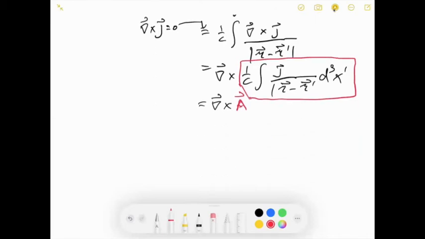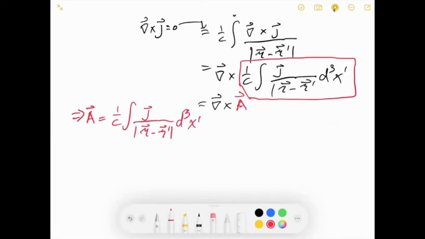So finally, we got A equals 1 over c, the volume integral of J d3x' over R minus R prime.